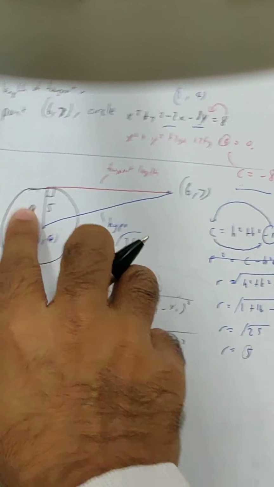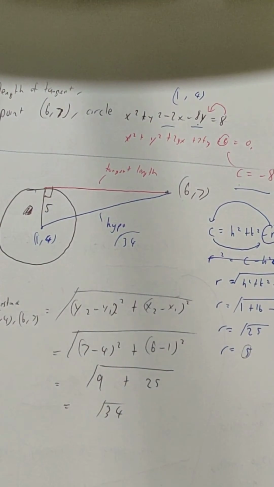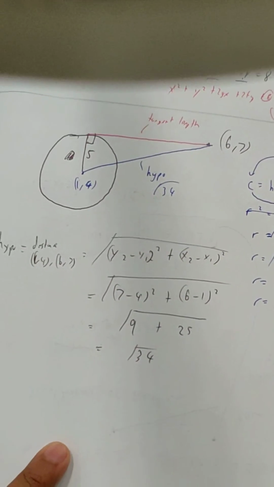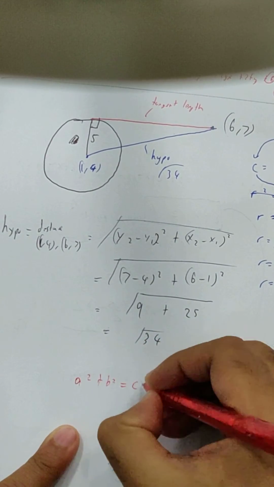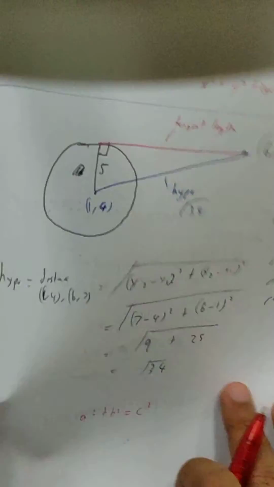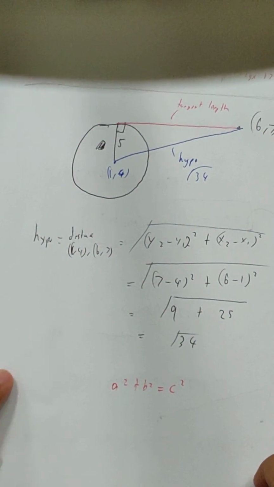Okay? By using Pythagoras Theorem, a squared plus b squared equals to c squared. Which one is my a squared?